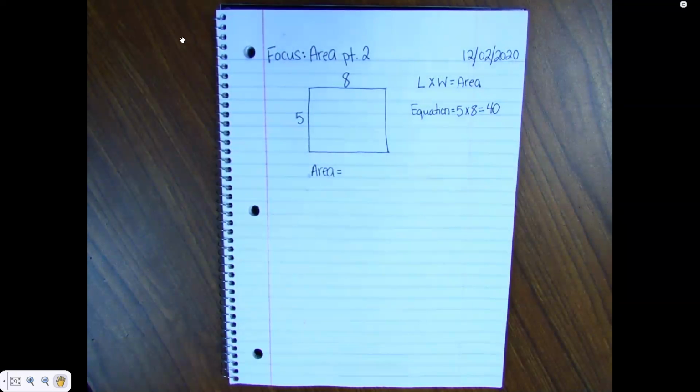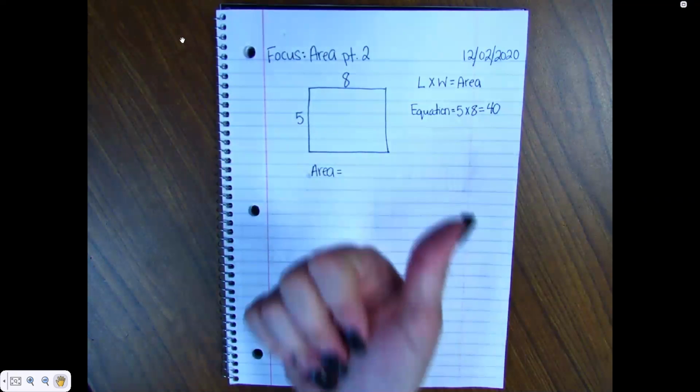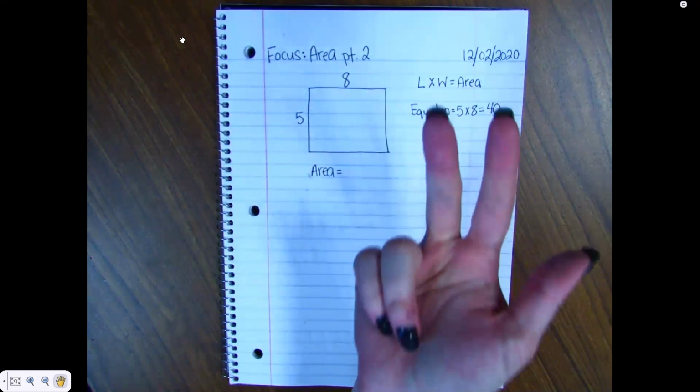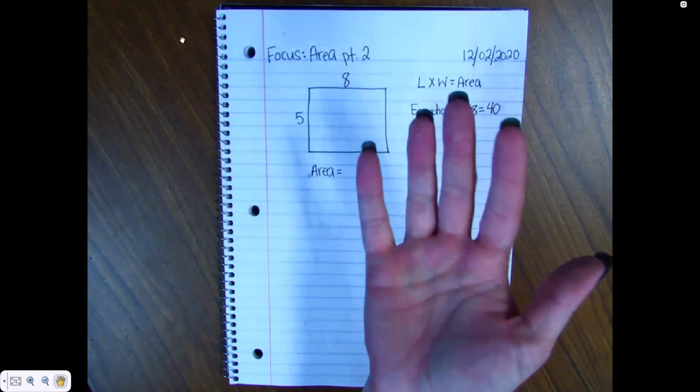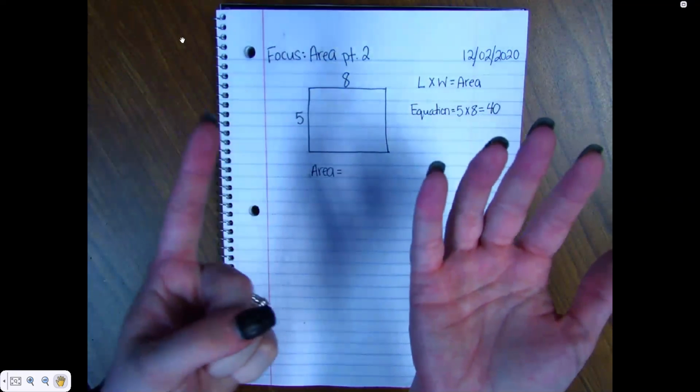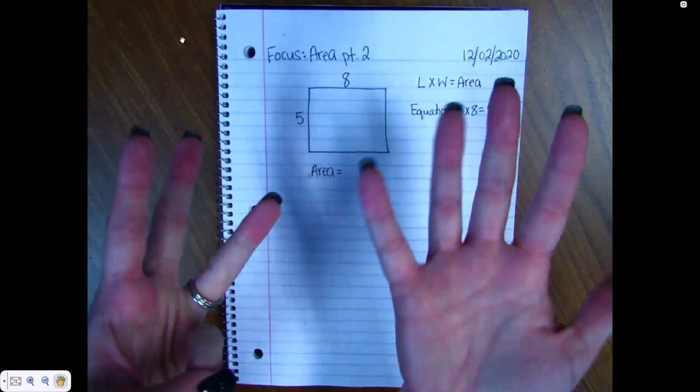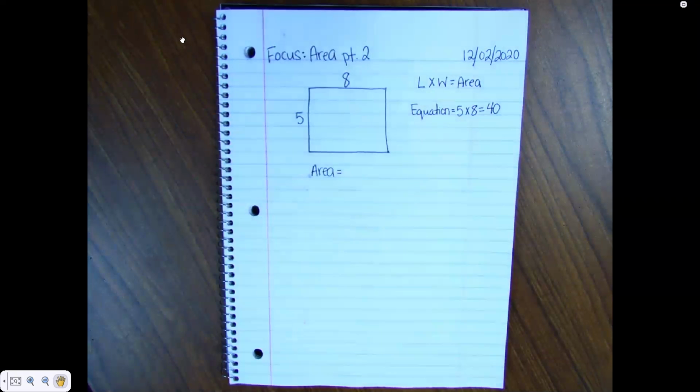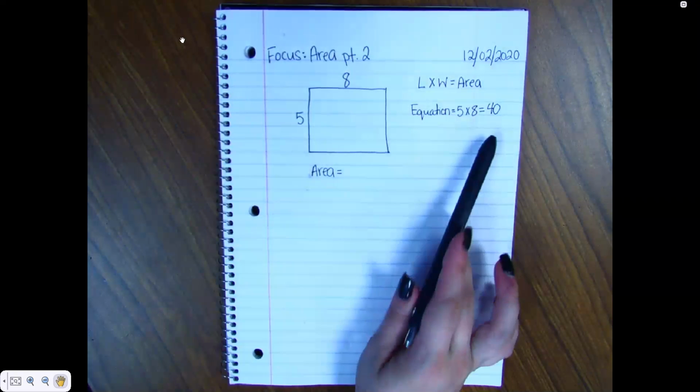Okay. If you don't know 5 times 8 is 40 off the top of your head, you can always skip count. 5, 10, 15, 20, 25, 30, 35, 40, right? So I would have 5 times 8 equals 40.